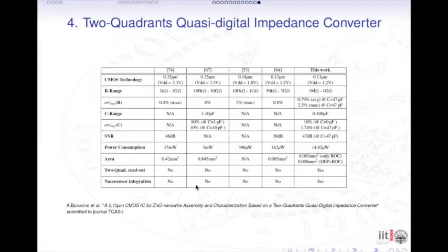We notice that the power is about 1 or 2 orders of magnitude below the standard in literature, the area is really small, the smallest circuit in literature, and the range is about 3 decades for resistance and about 6 decades for capacitance.